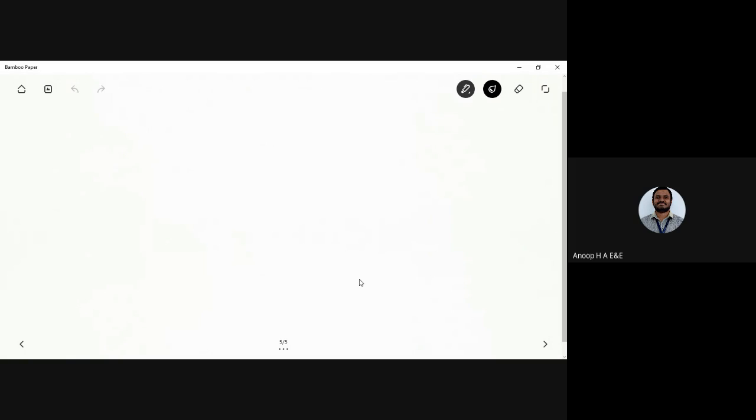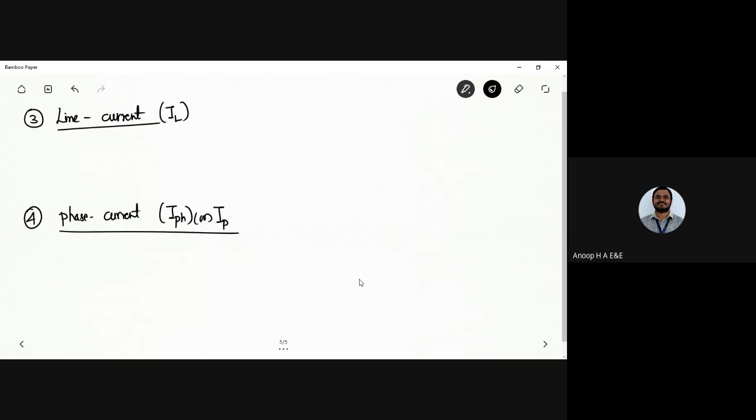Next, we have line current and phase current. Third one, line current, which is IL. Fourth one, we have phase current, that is IPH or IP.